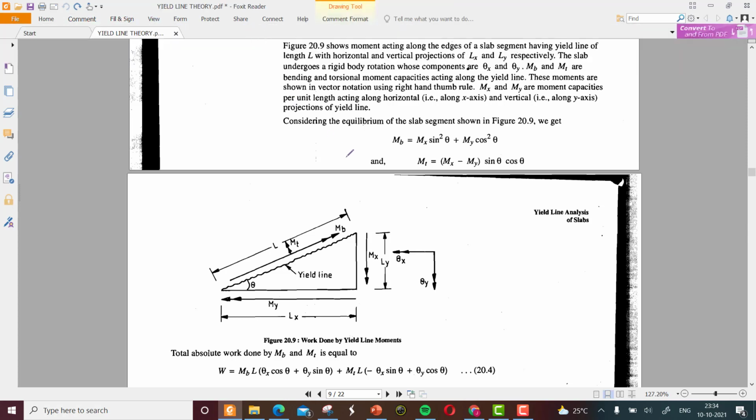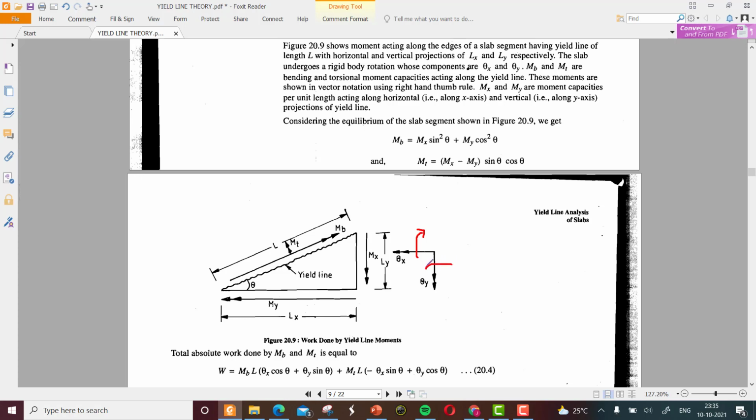Theta x means a rotation in this direction, perpendicular to this horizontal line, and theta y will be the rotation which is perpendicular to the vertical line.